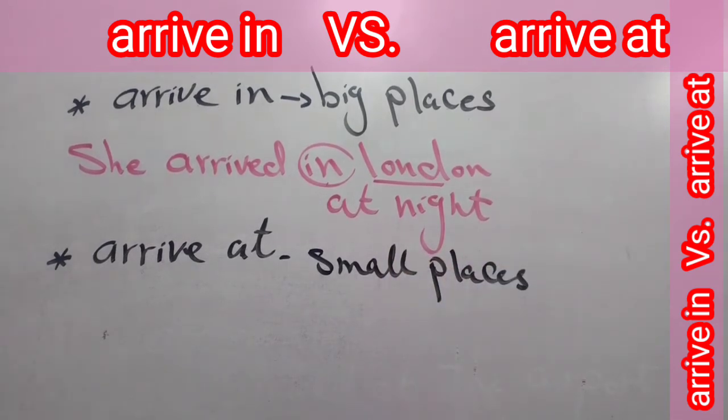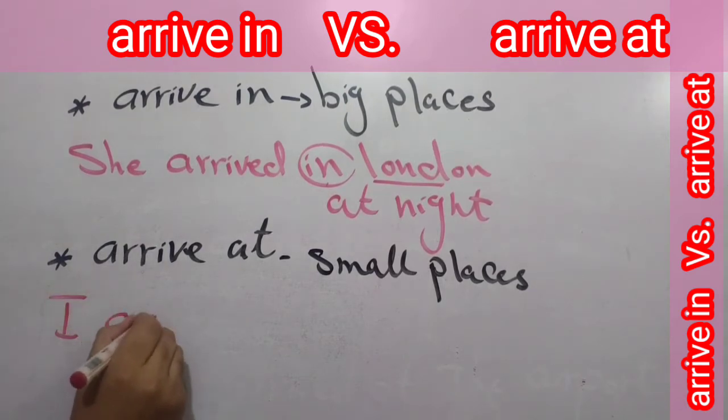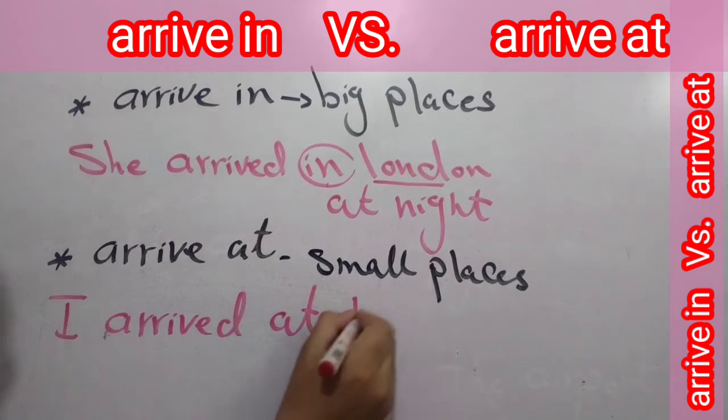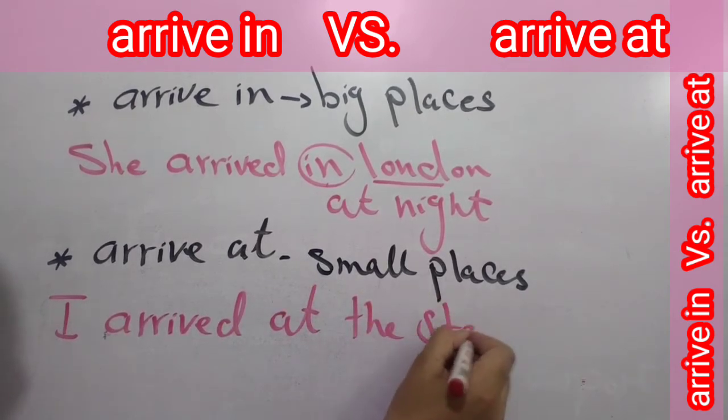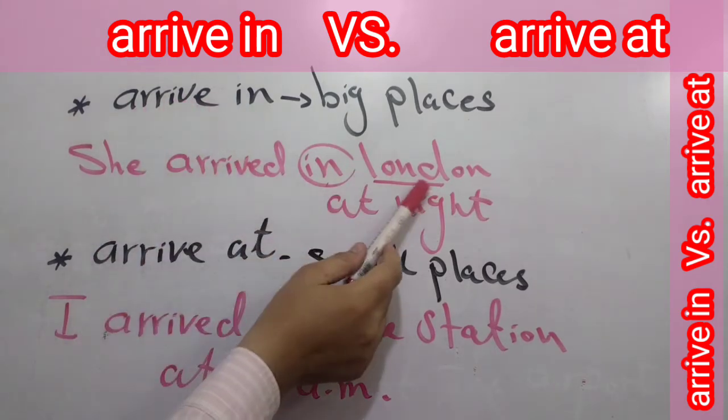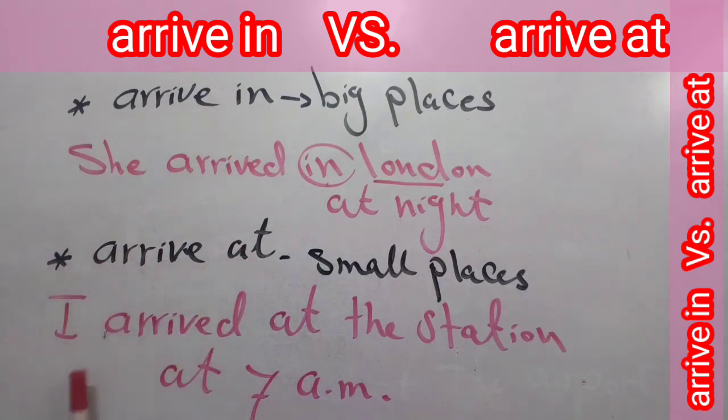For example, I arrived at the station at 7 a.m. So we use arrive in with big places, whereas arrive at with small places such as station, airport, school, and so on.